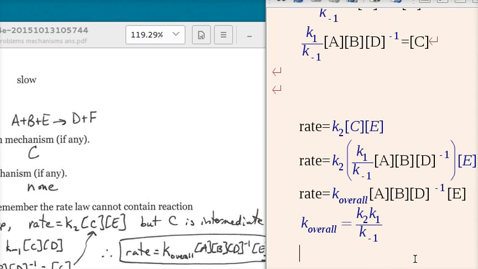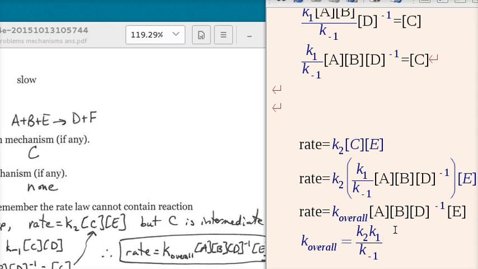There. Which you could write extremely messily with a negative exponent, but that's just confusing, so let's not do that. Let's just stick with the fraction.